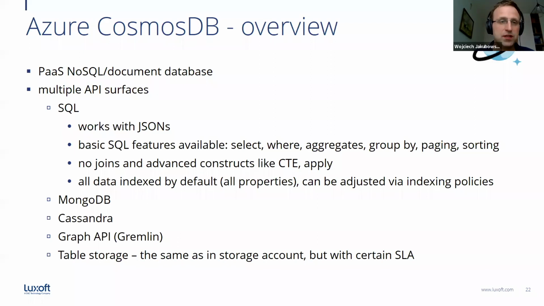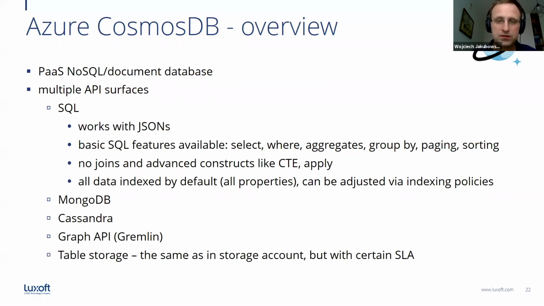Next up, there's Azure CosmosDB, which is a platform as a service, NoSQL document database. And it has multiple API surfaces, which means it can be accessed in multiple ways. There is the SQL API, MongoDB API, Cassandra, Graph API, and Table storage.